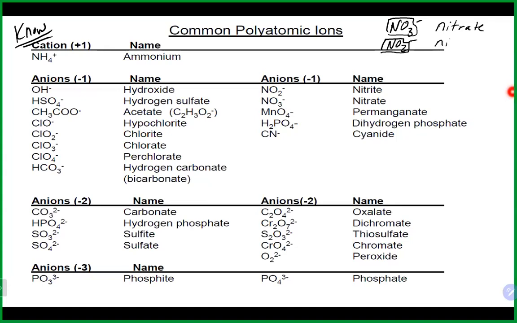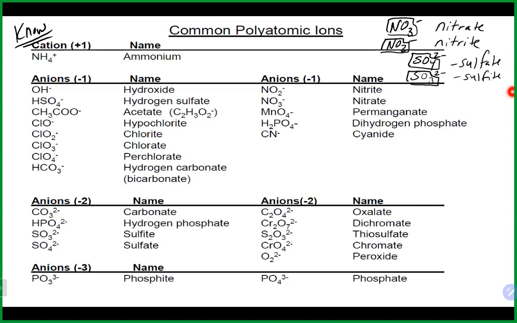NO2 minus is nitrite. You also look at something like sulfate, which is SO4 2 minus, and SO3 2 minus. This is sulfur and 4 oxygens, sulfur and 3 oxygens. They both have a -2 charge. That is sulfate, and this is sulfite.